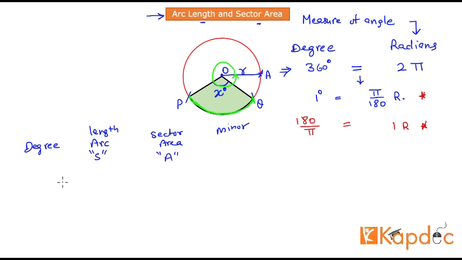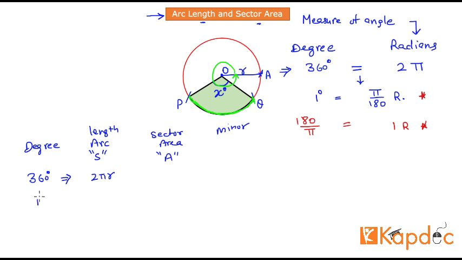It will be very easy to understand. When we say that a circle has 360 degrees, and you complete the full 360 degrees by this point A, then that means this is equal to the entire arc being the circumference of this circle. So 360 degrees means the arc length is equal to 2 pi r.